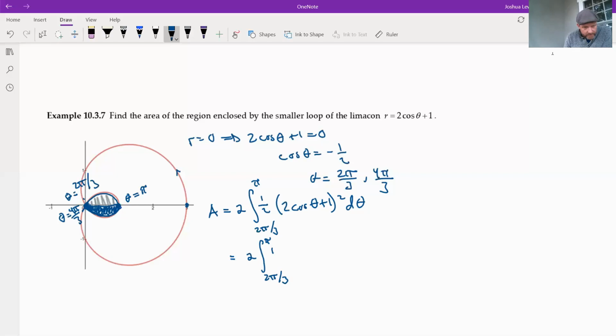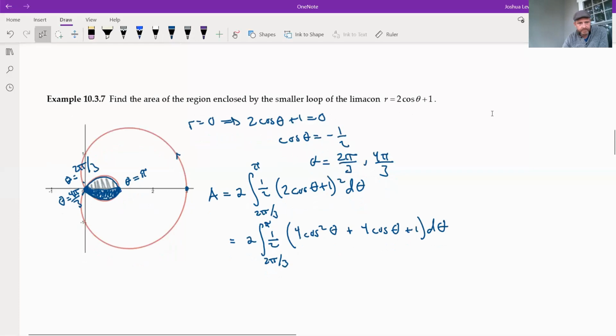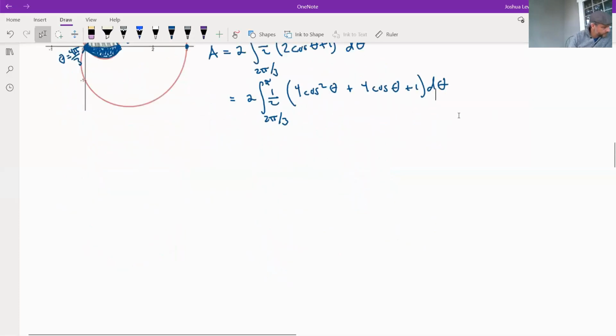We have a 1/2 times, and then what are we going to get here? 4 cosine squared theta plus 4 cosine theta plus 1, d theta, which will be, well, 2 times 1/2, bring that 1/2 out.